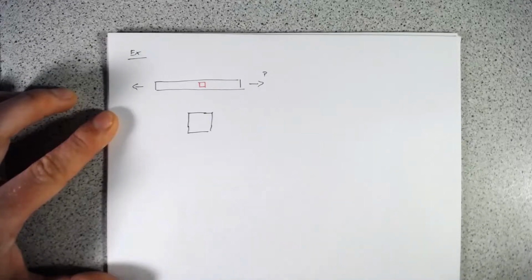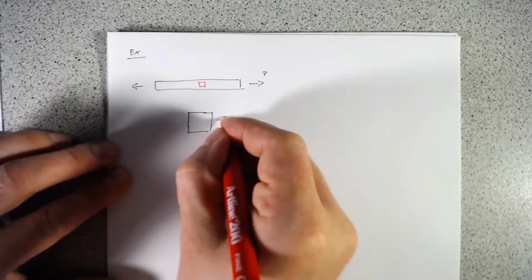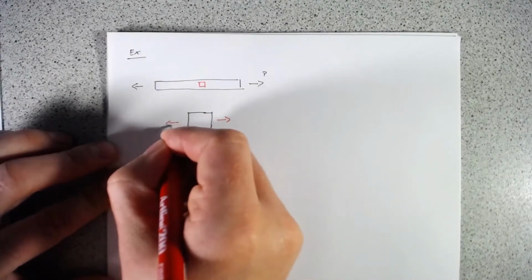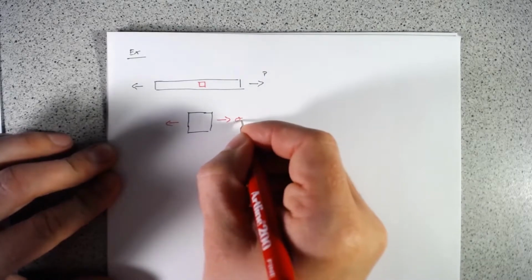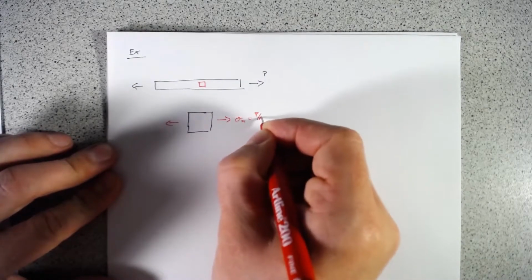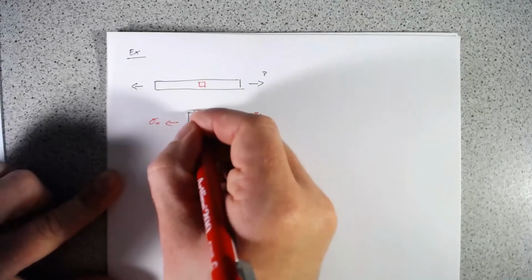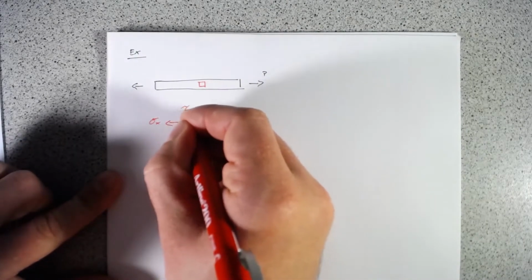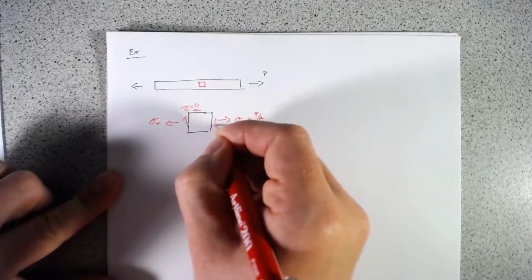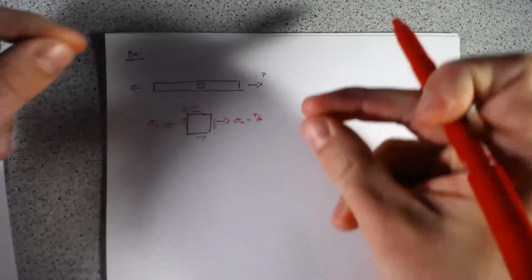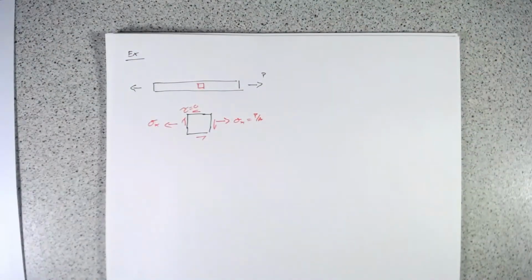It's got sigma x equals P over A, and then tau equals 0. So it has no shear stress. This is just pure uniaxial pull.